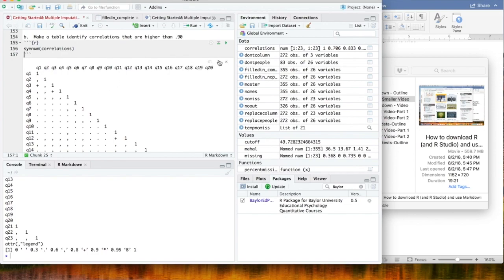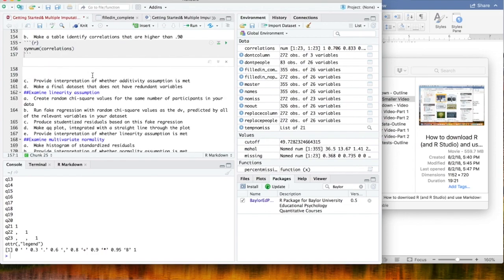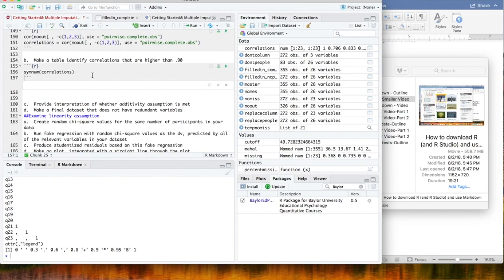Again, if you do come across any really high correlations, you can either combine these columns or just remove one of those variables from the final data set.